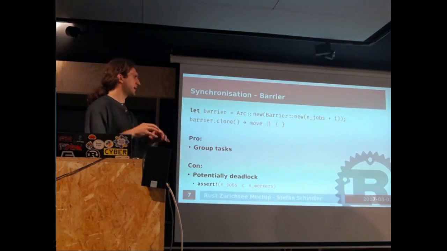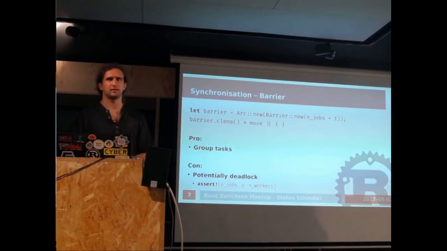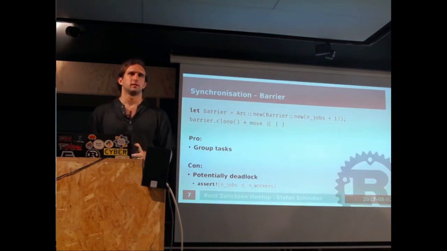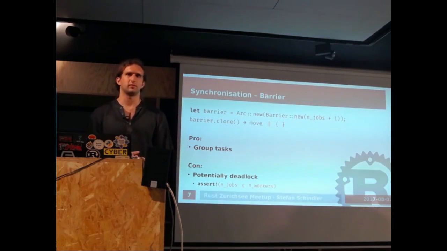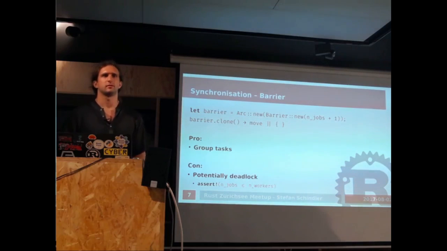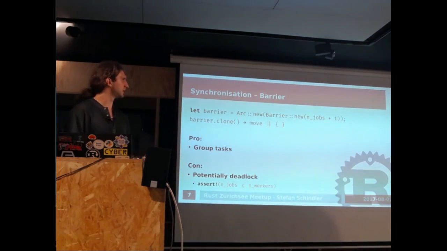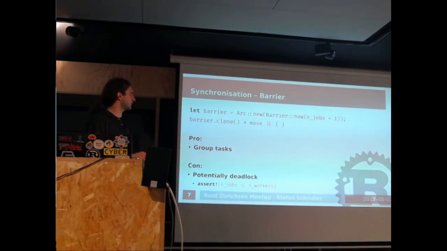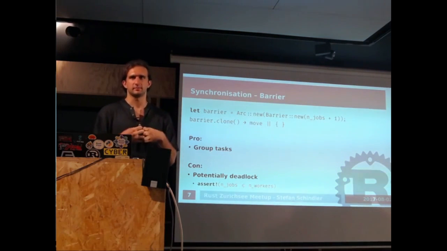To distribute the barrier into all threads safely, we have to use an arc. Arc means atomic reference counting. Since we don't have any garbage collection in Rust, we have to make sure we don't lose memory on the way. And we use reference counting, and multi-threaded reference counting requires atomic operations. You see here, the arc is constructed with the whole barrier inside it, which means the arc owns the data.